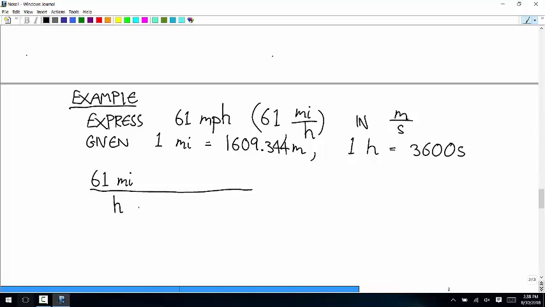We want the miles of our conversion factor to be in the denominator to cancel out the miles in the numerator from our starting value. So we have 1,609.344 meters over 1 mile.